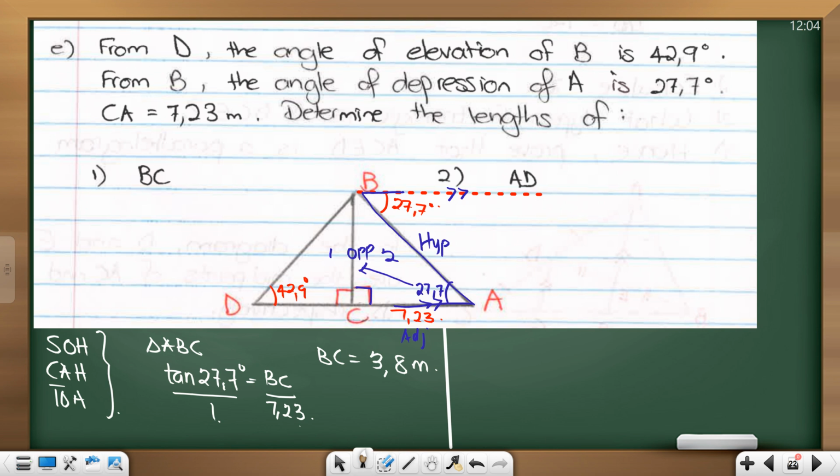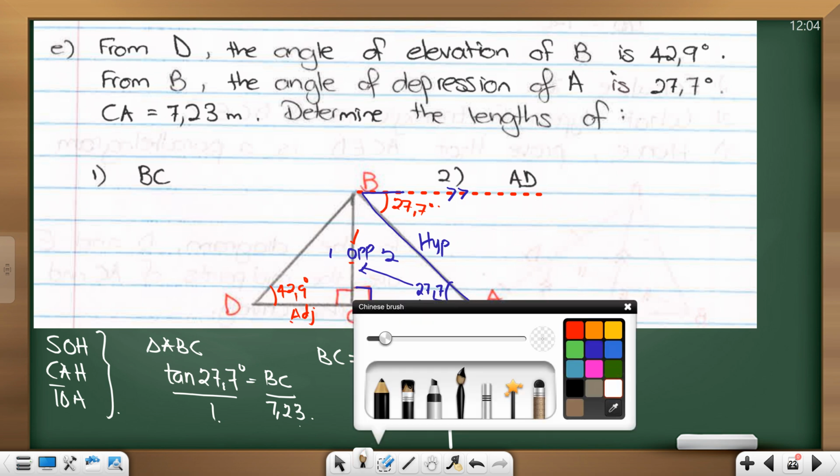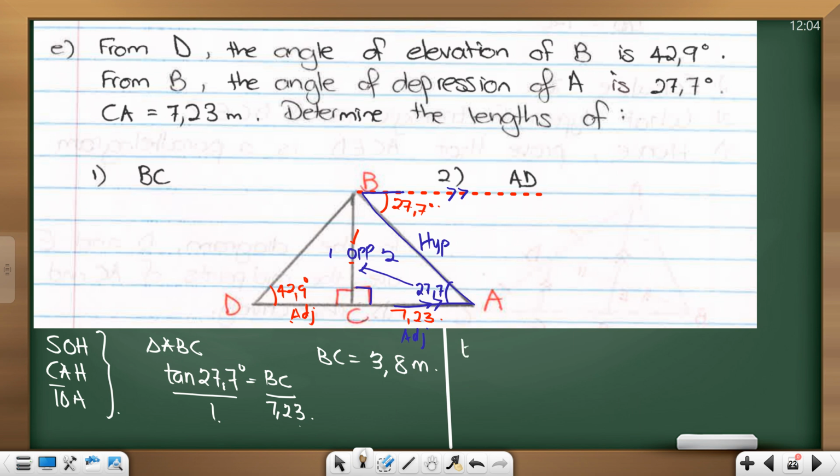So we are looking for DC, which is the adjacent. And we already have BC, which is the opposite. So we have tan 42,9 equals the opposite, BC, which is 3,8, over DC.